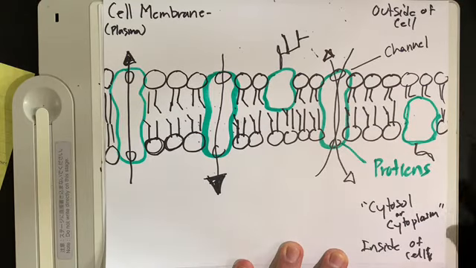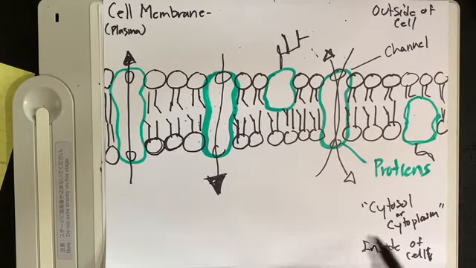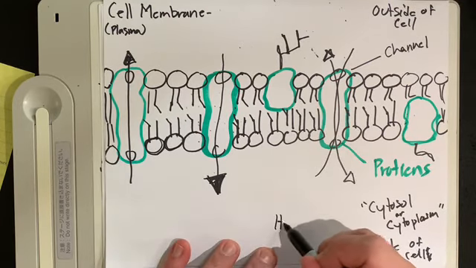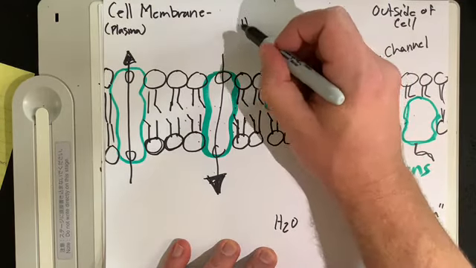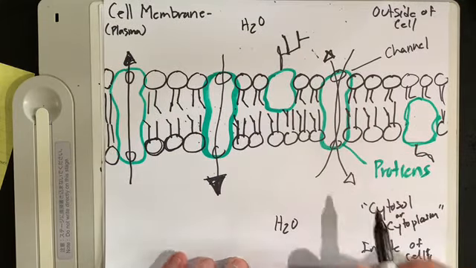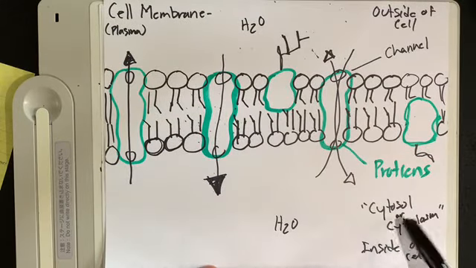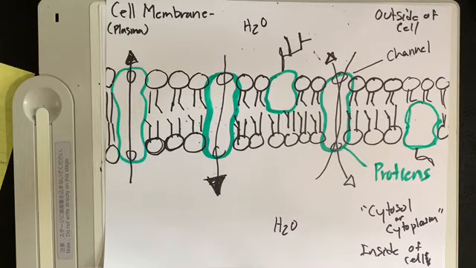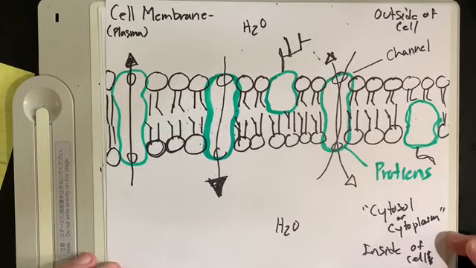Okay, anytime I say cytosol or cytoplasm, I'm talking about that liquid, the water liquid, because we have water in here and we also have water out here. That watery liquid inside the cell, we call that the cytoplasm or the cytosol, depending on which book you're reading.